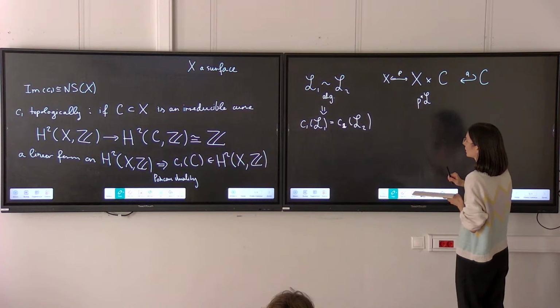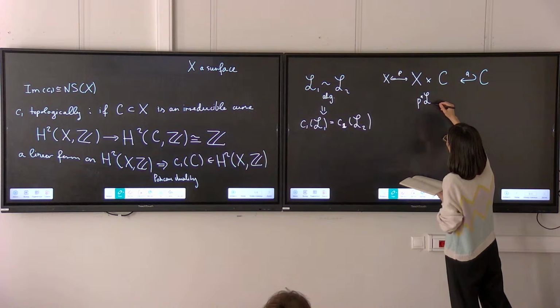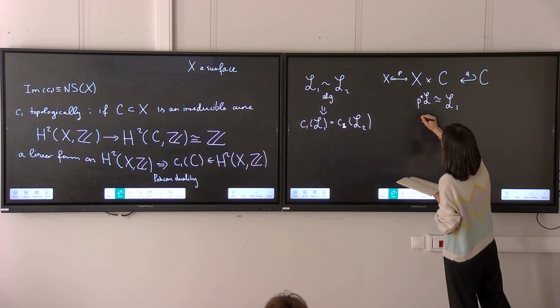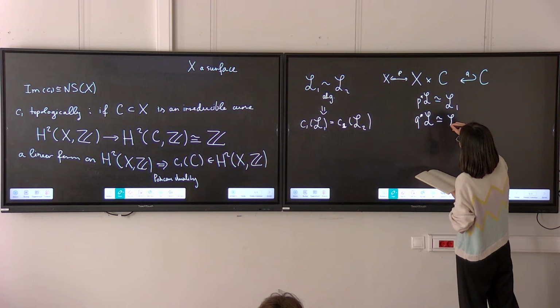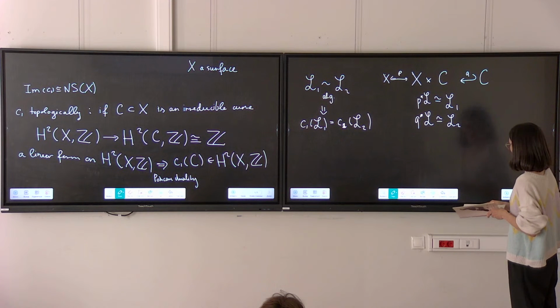Then the first Chern classes of L1 and L2 coincide. So what we have here is that the pullback of L is isomorphic to L1, and the pullback of L is isomorphic to L2. Maybe it should be X on the right. X, sorry.